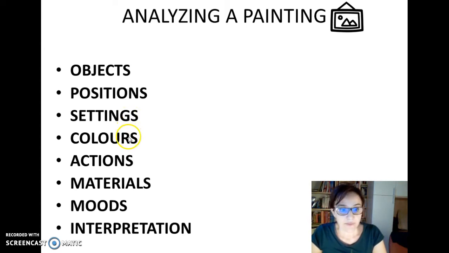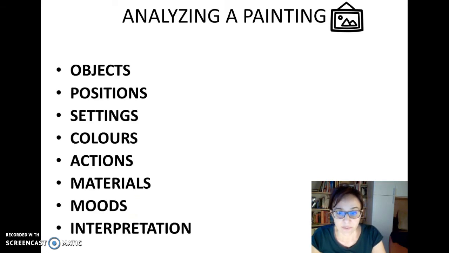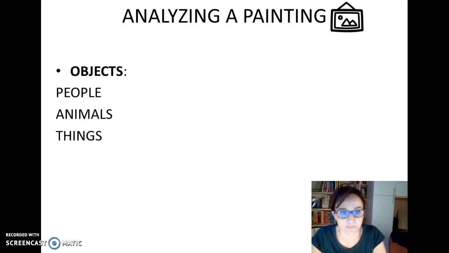Then the colors the painter makes use of, the actions of the people in the painting or what is going to happen in the painting, the materials the painter makes use of, the moods or the feeling the painting arises, and finally the interpretation of the painting. So what is the interpretation of the painting in your opinion?